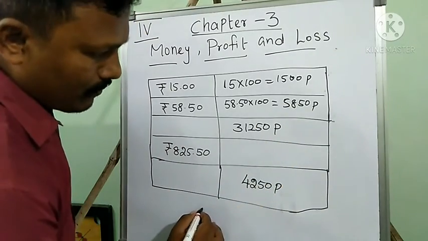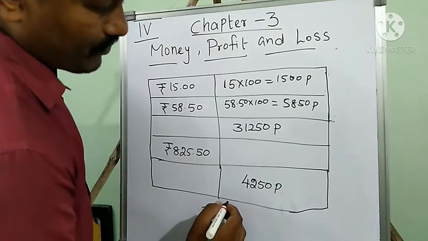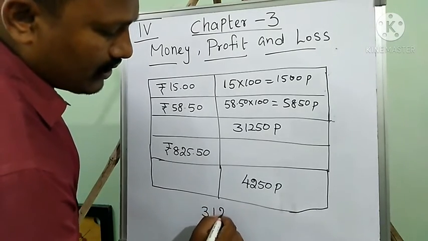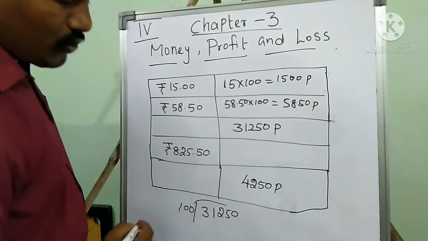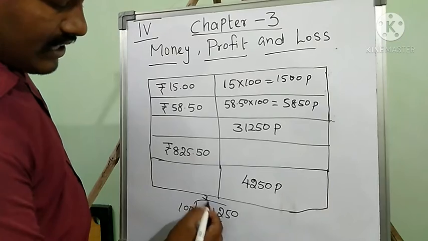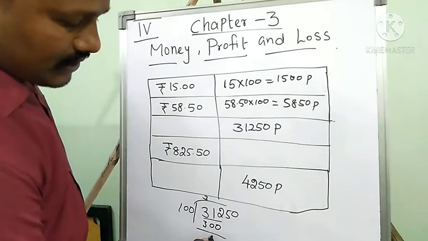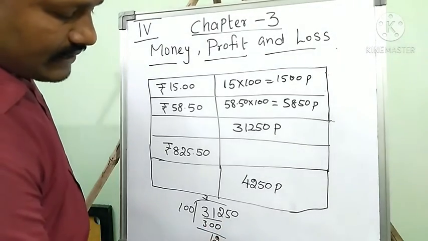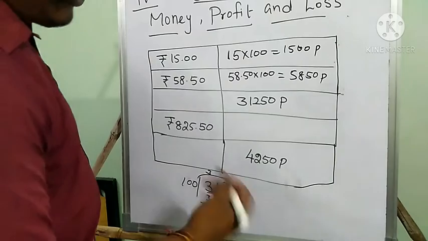So here I will do 31,250 divided by 100. So I will take 3 digits. 300 is equal to 300. If you subtract, you will get 12. Then I will take down 5, 125. Okay. So 0 will take later on.